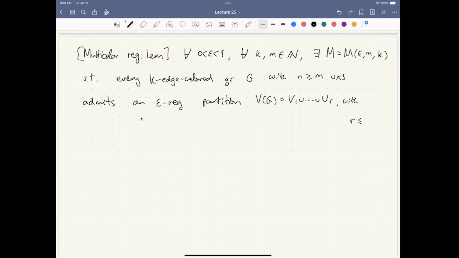What's important here is that the number of parts is bounded by this M.